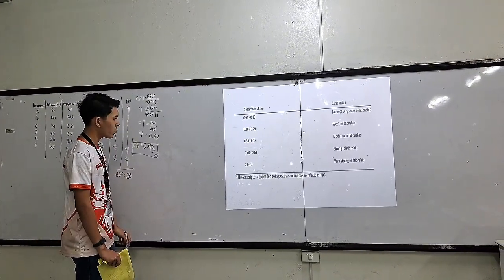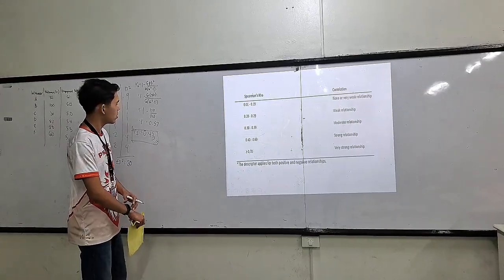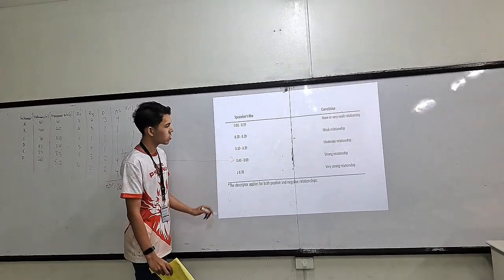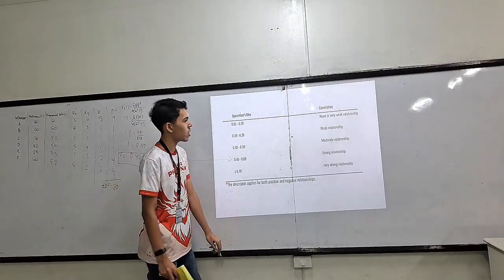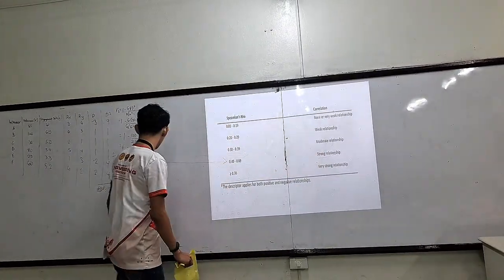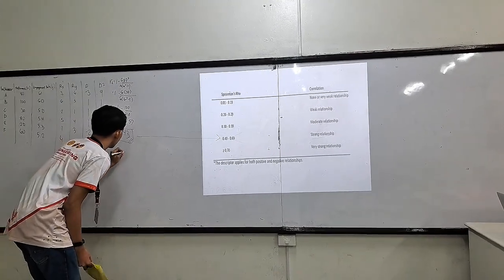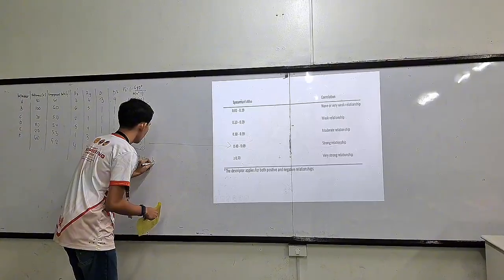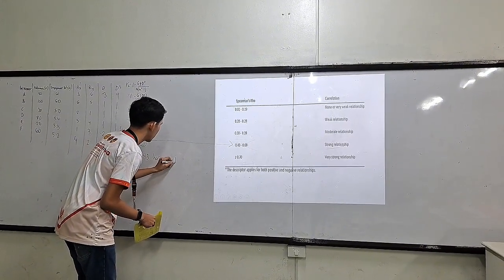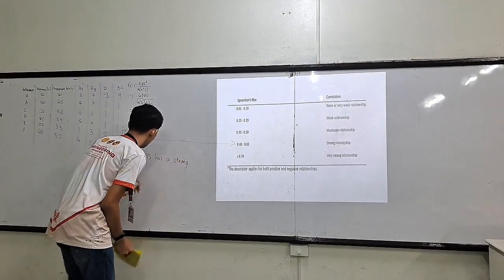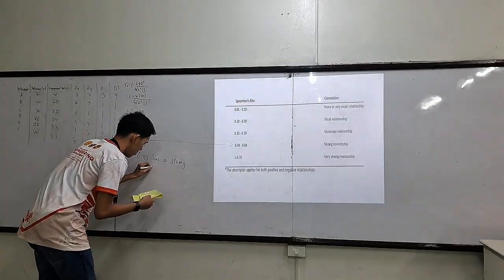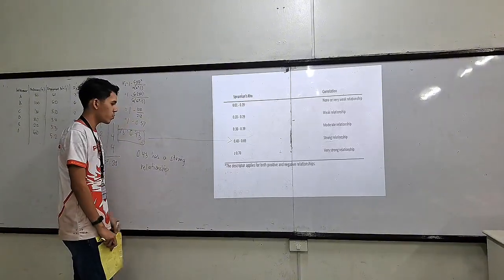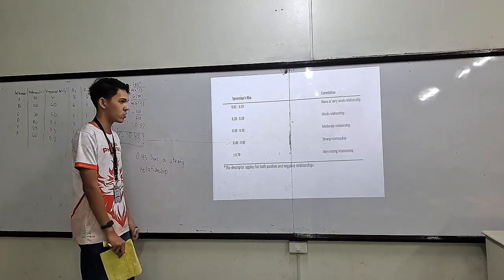Now the 0.43 belongs to this category, which interprets that 0.43 has a strong relationship. So 0.43 has a strong relationship.